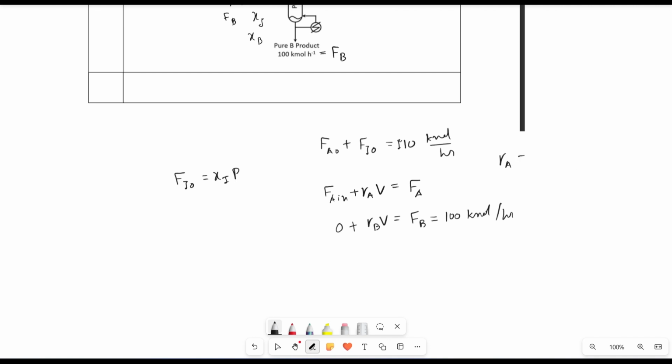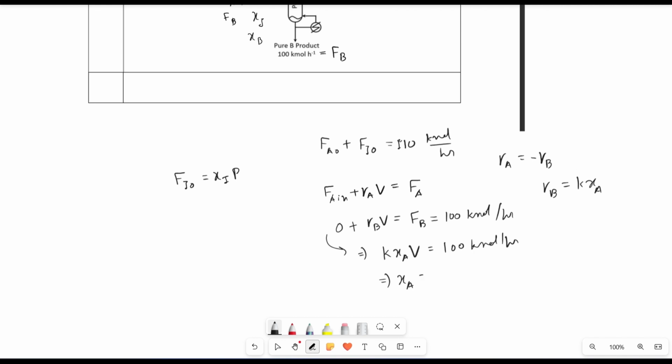Now R A is equal to minus R B, from the stoichiometry of the reaction. So R B is equal to K into XA. From this expression, R B is equal to K XA V, which is 100 kilomole per hour.